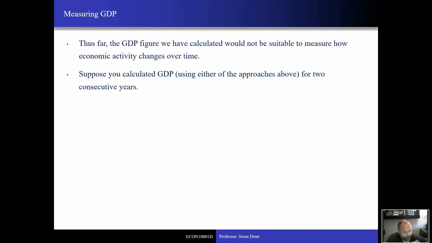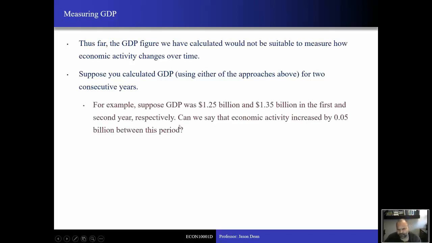So let's think about an example. Suppose GDP was 1.25 billion and 1.35 billion in the first and second year respectively. So we have 2 years. The first year it was 1.25, second year it was 1.35. Can we say that economic activity increased by that difference, by that increase of 0.1 billion between this period?